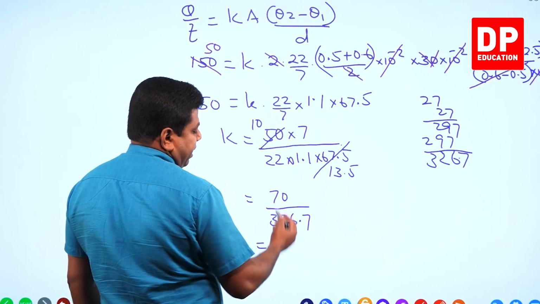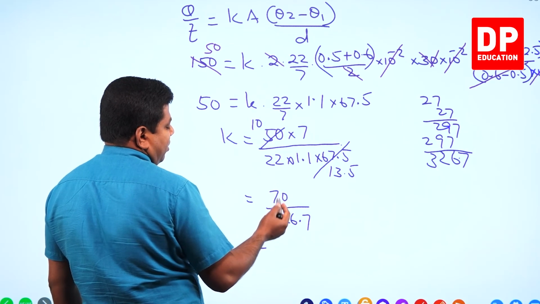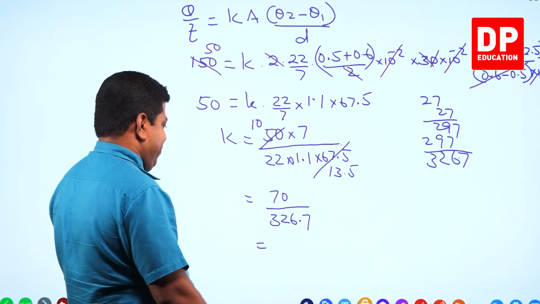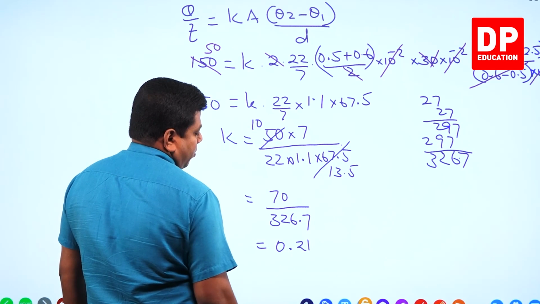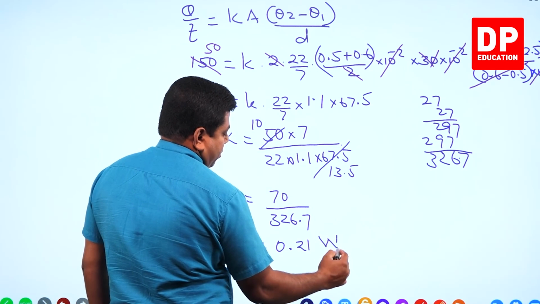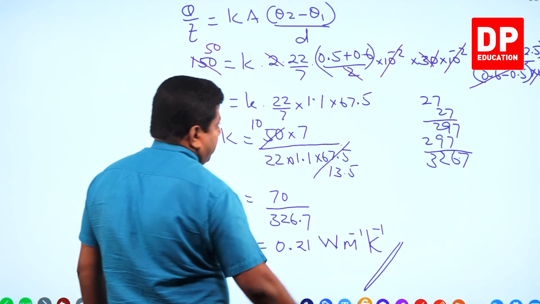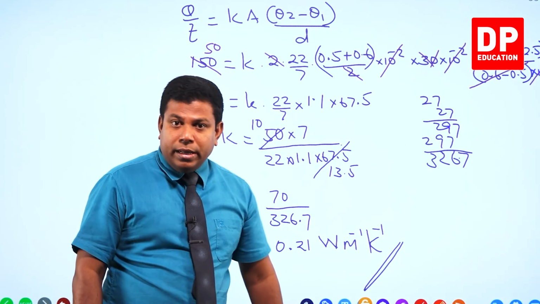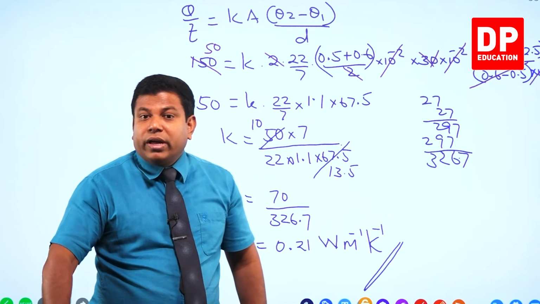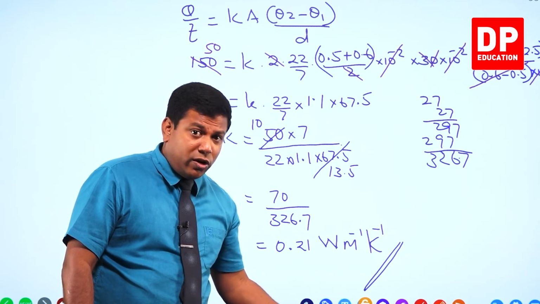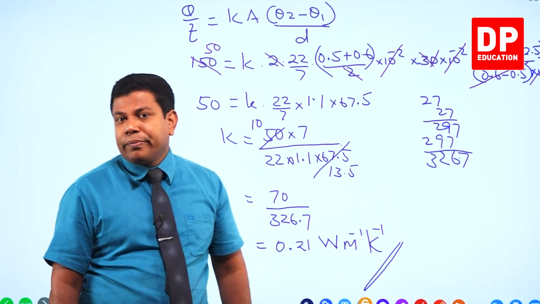That's approximately, see, 0.1 is 32.6, 0.2 will be 65. So it's around 0.21. That's the unit. Clear? So that's the value for conductivity we are getting. In the experiment also, we got a similar answer. Remember 0.2. Yes, this is also around 0.21.